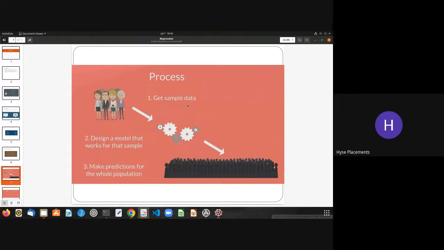Once we are done with the model building, like if you're building a linear regression model, then we are up to the prediction part. Make predictions for the whole population now. If you remember, in the student's t distribution we took a sample data set, and we didn't know the variance of the entire population, and we wanted to approximate the population parameter.